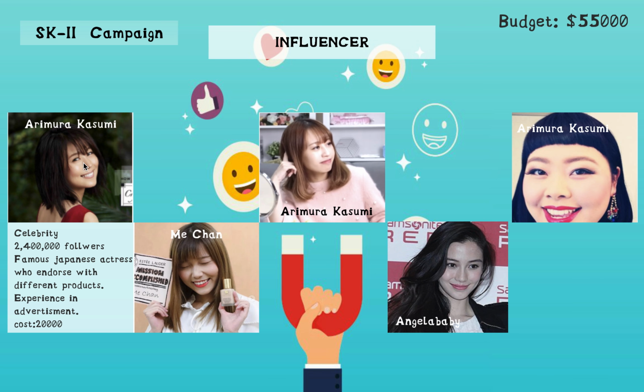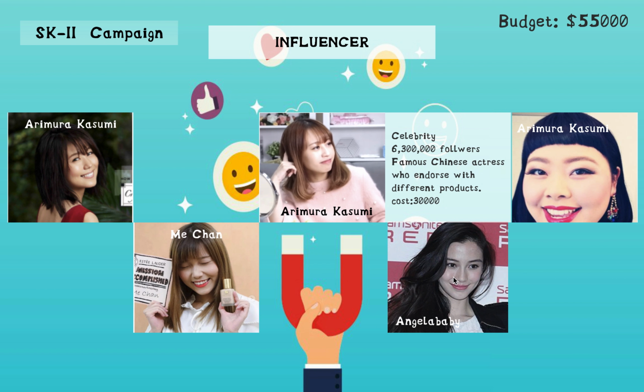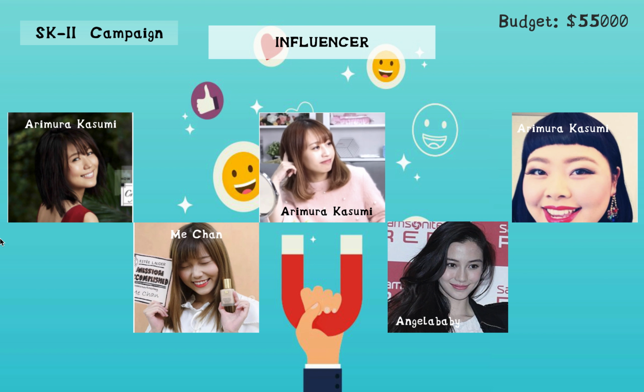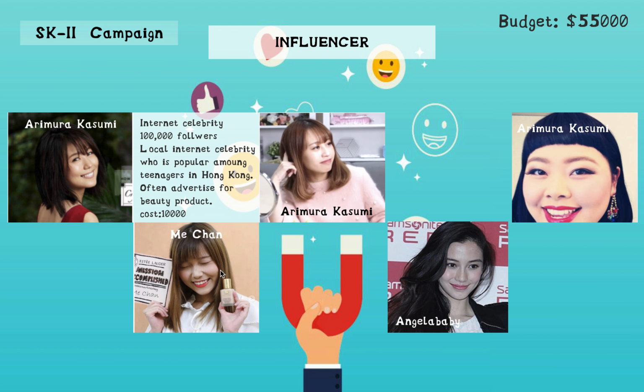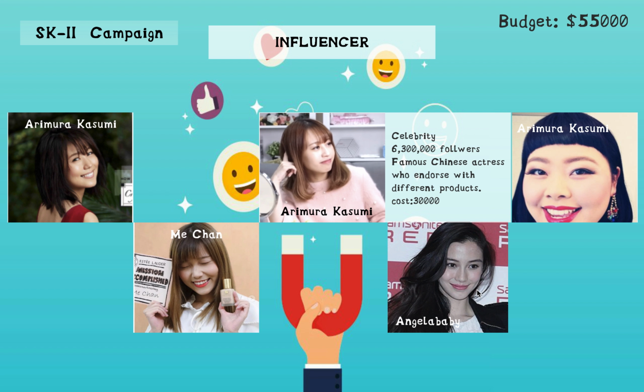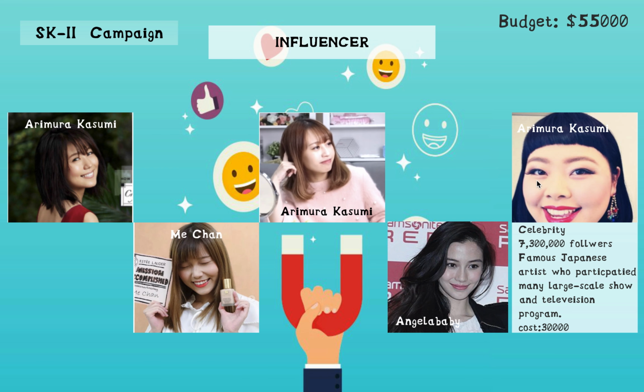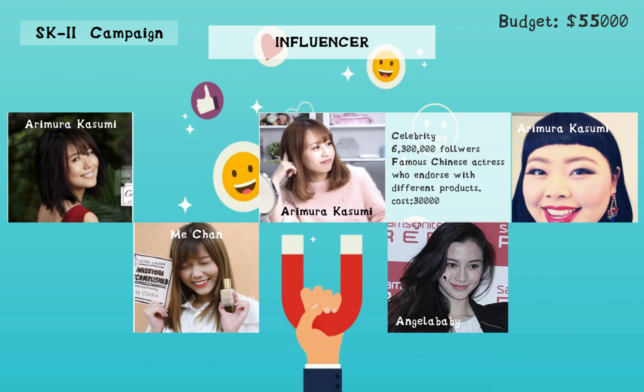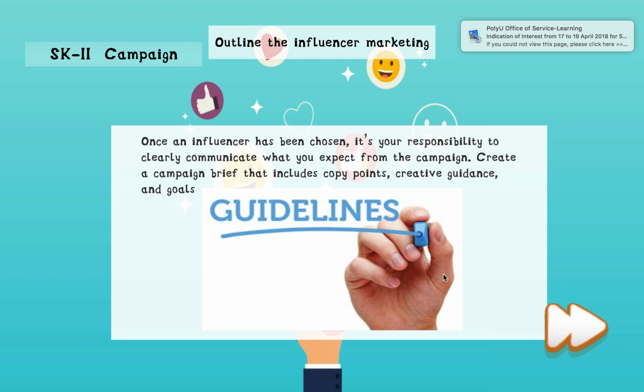We have 4 influencers, referencing real cases. For example, you can have an internet celebrity with 100,000 followers, and you can have the celebrity superstar Angelababy, and we select Angelababy.